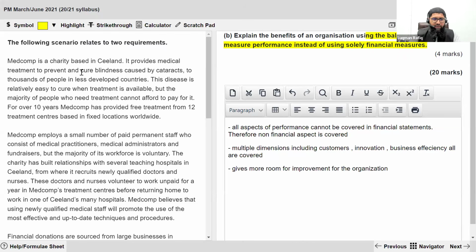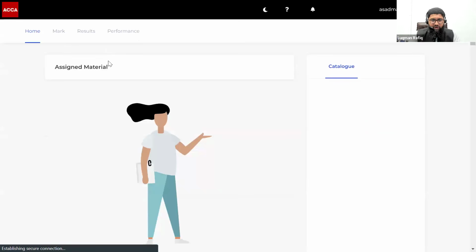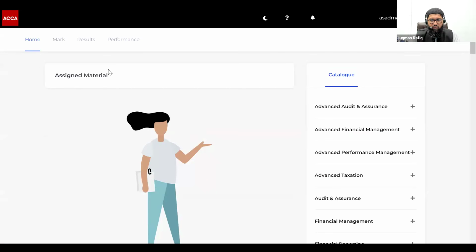We are now going to move a bit forward and talk about another question on performance measurement. The current question was from March, June 2021.